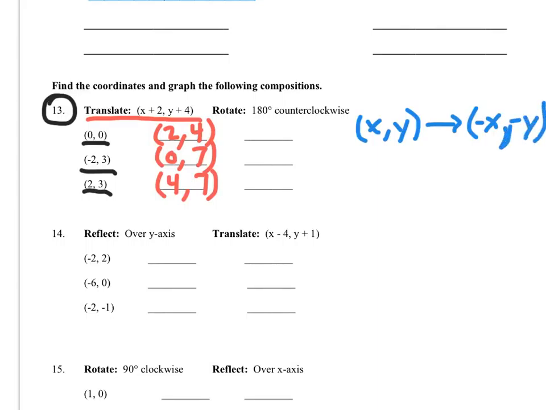So we have to make both of our coordinates, our x and y points, in the red coordinates negative. So 2, 4 goes to negative 2, negative 4. 0, 7 goes to 0, negative 7. And 4, 7 goes to negative 4, negative 7. And now we've gotten all the coordinates of these two transformations.